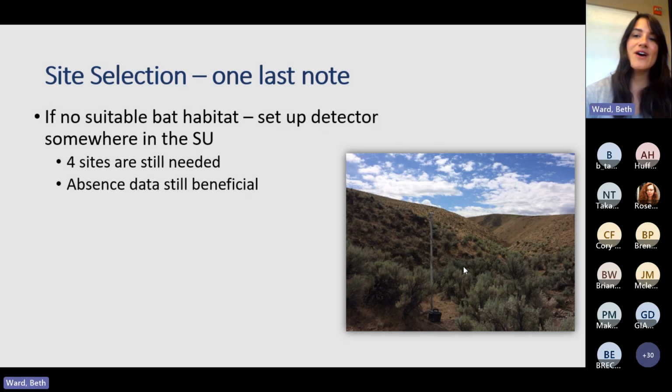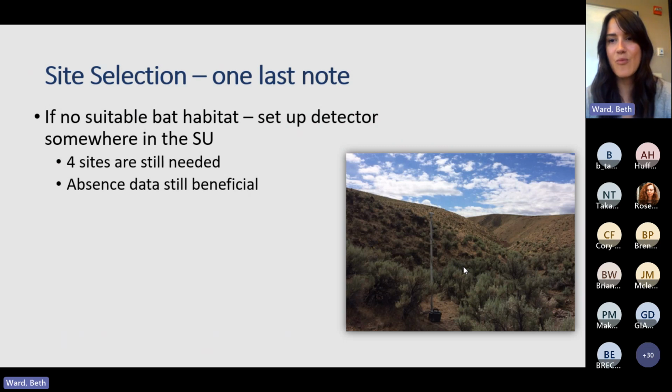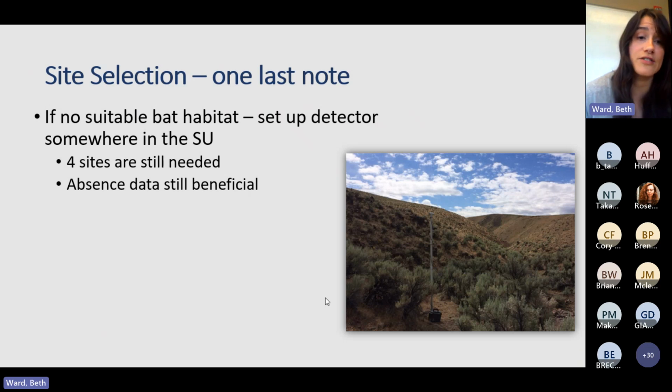And so if there's no suitable bat habitat, just set up the detector somewhere in the sample unit, because 4 sites per sample unit are still needed, and that absence data is still beneficial for the overall project.